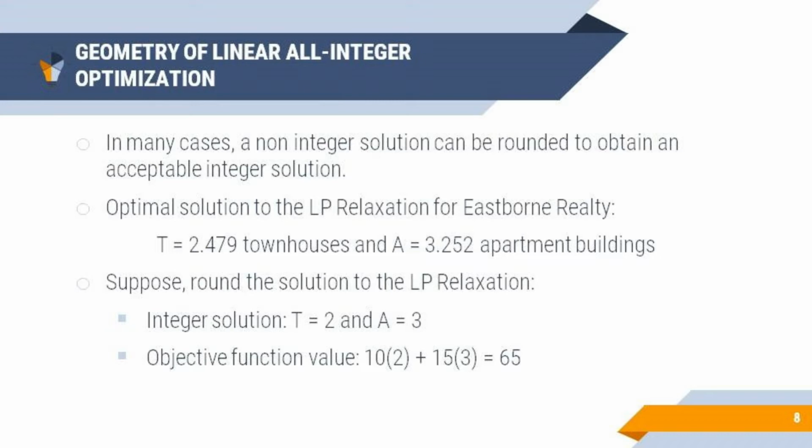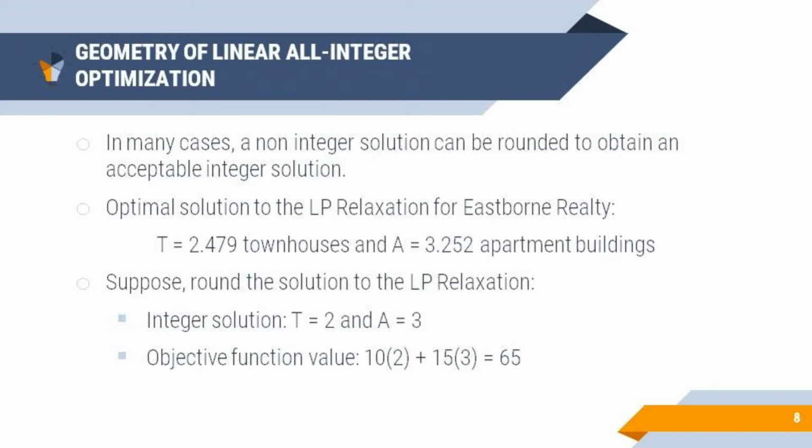The optimal solution, if we relax all of the integer constraints of integer linear programming, will be townhomes equals 2.479 and apartment buildings equals 3.252. If we round it, we expect a substantial economic impact.